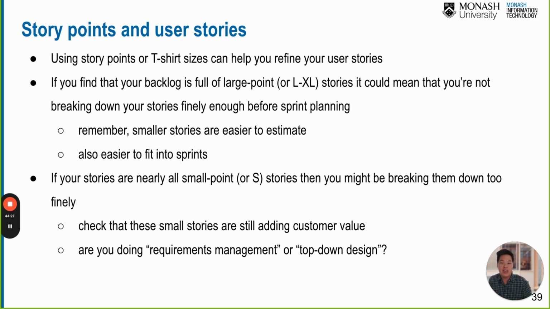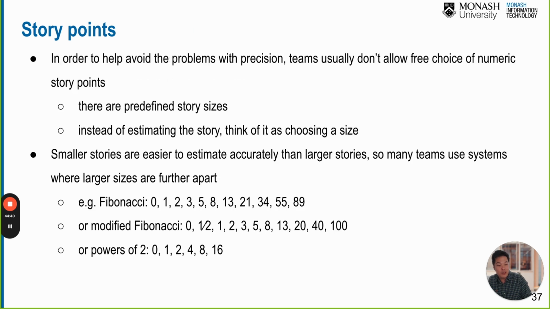And if you find that your backlog is full of large items like L and XL stories, it means that you are not really breaking down your stories finely enough before the sprint planning. Do you know what I mean? As I mentioned before, let's say we want to implement a gateway system, yes, the story point will be 89, and it sits like that for like 3 sprints.